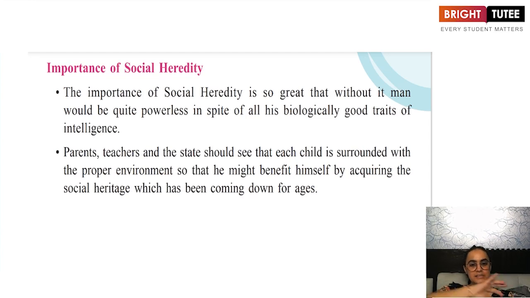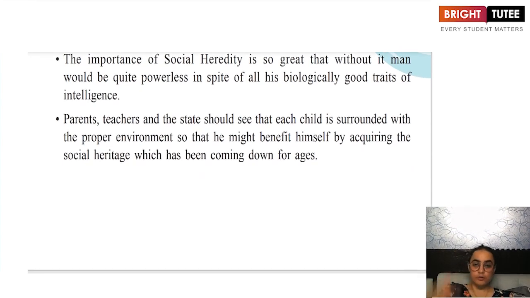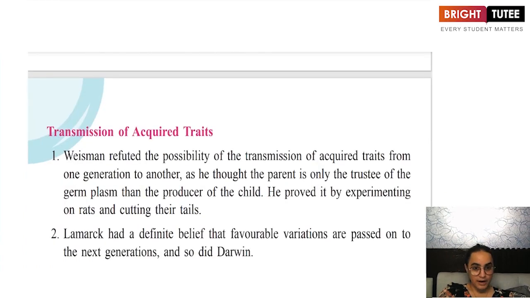So the parents, the teachers, everybody has the responsibility of ensuring that the environment that is given to the child is proper, is beneficial, and that the child is able to acquire the maximum benefit out of it. Because after all, the chromosomes and the genes of the child are further going to be transmitted, right?